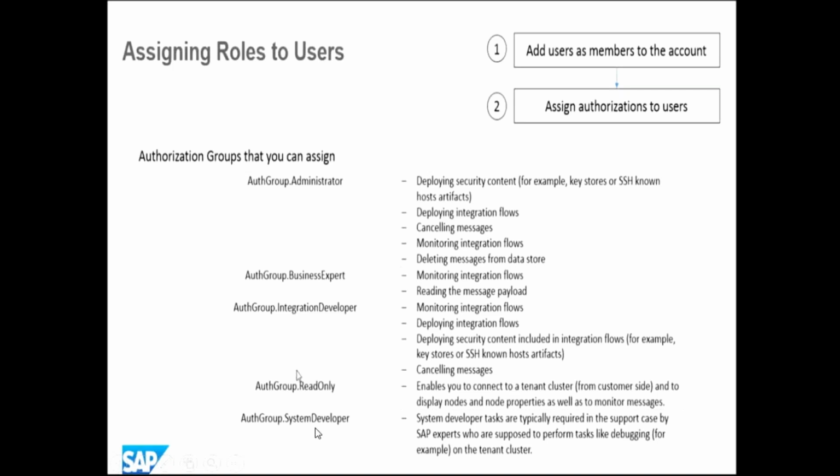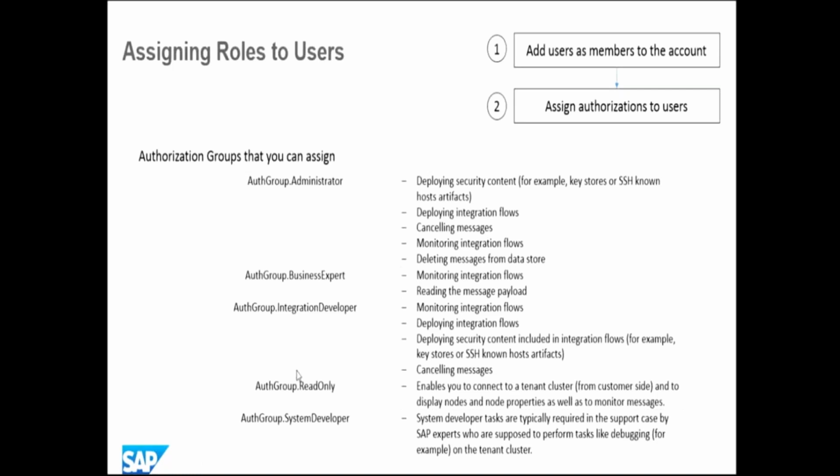Then you have the system developer. The developer task is typically required to support cases by SAP experts. So when we raise the SAP note and they ask for access to our HCI, we provide auth group dot system developer to their user ID, and they are able to view the HCI tenant and do the debugging from there.